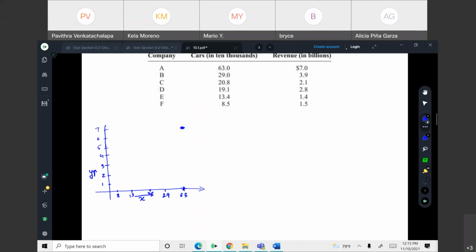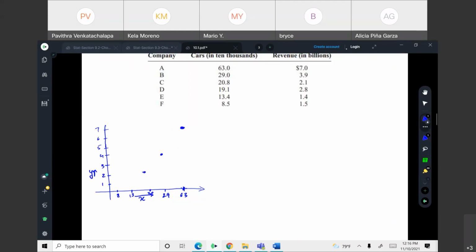Okay. Now likewise, if you do for the other values, 29 here, 3.9 here, this is just a rough diagram, 20 here, and 2.1 here.